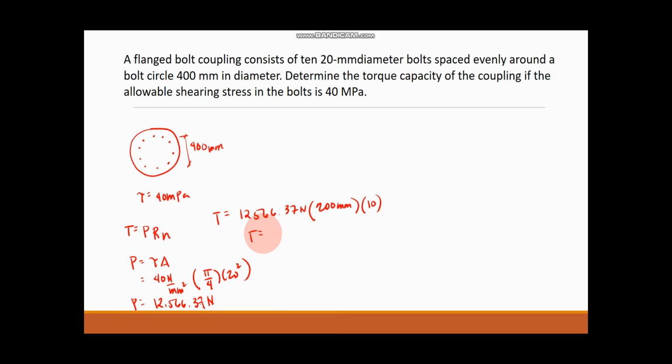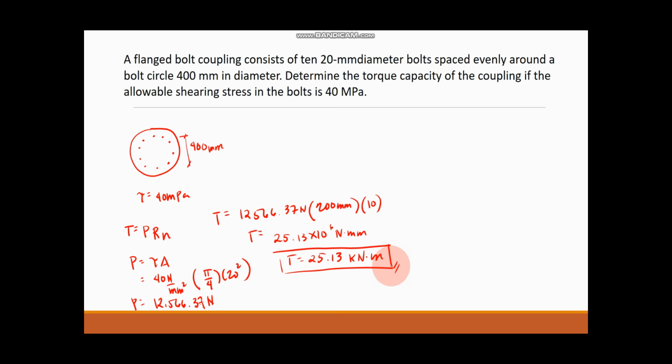Therefore, the torque capacity is equal to 25.13 times 10 raised to 6 Newton millimeter, or 25.13 kilonewton meter.